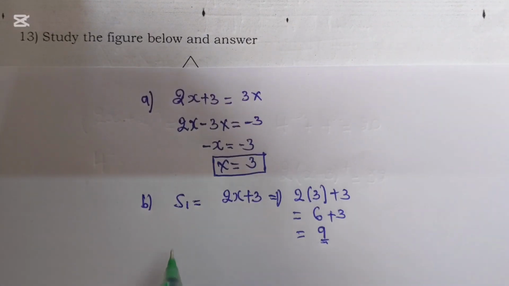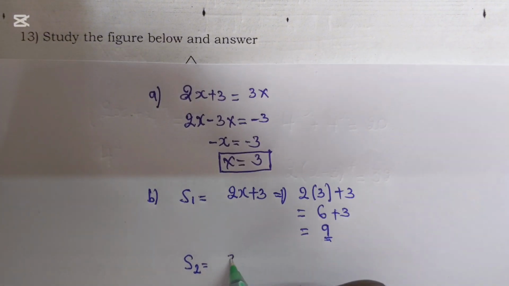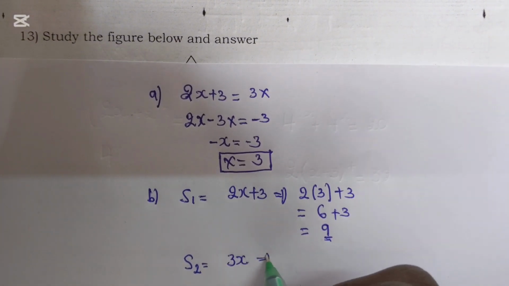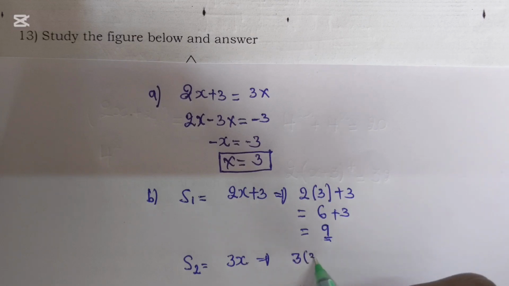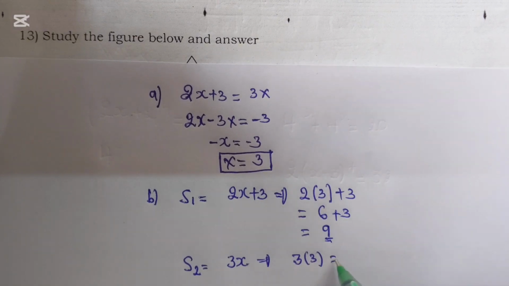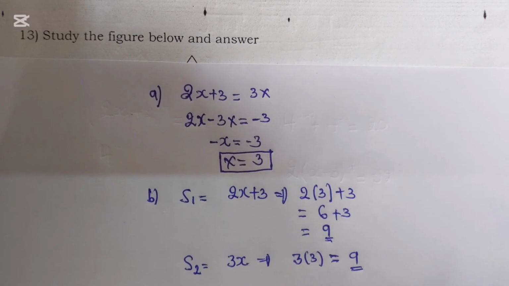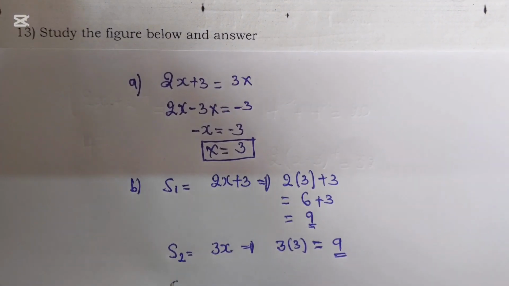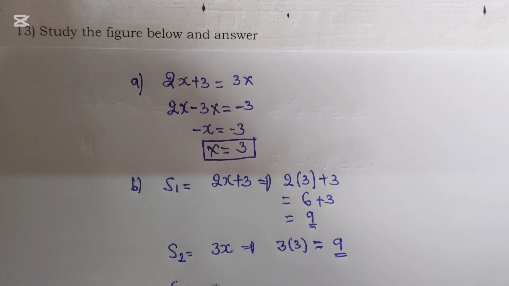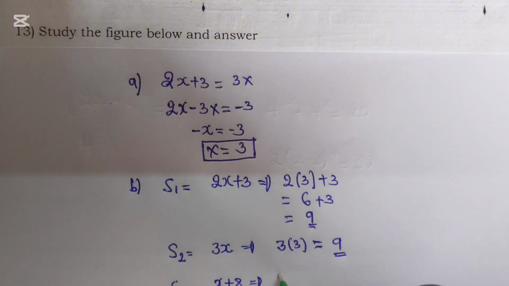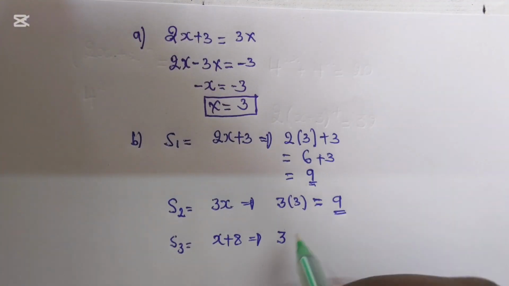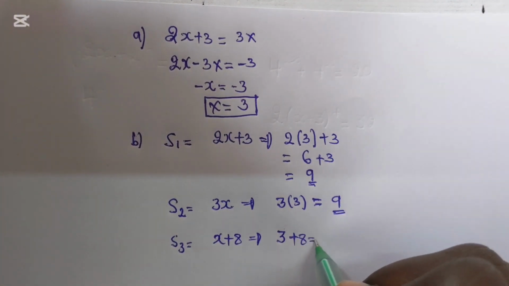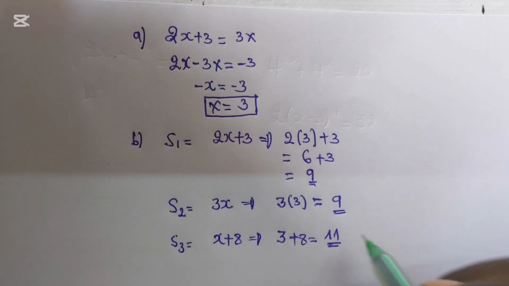Side 2 must be equal, to mean that this will be 3x, which equals 3 times 3, to be 9. Then side 3: we have x plus 8, which implies 3 plus 8 to be equal to 11.